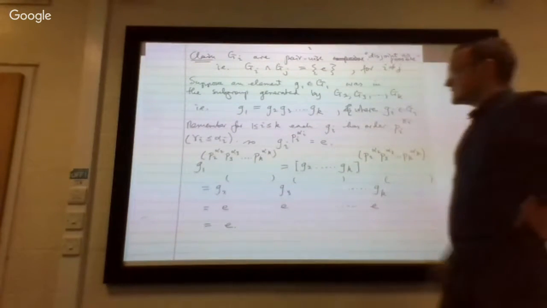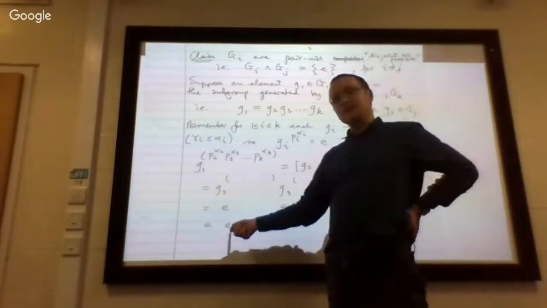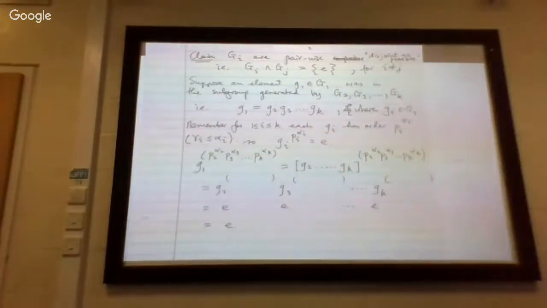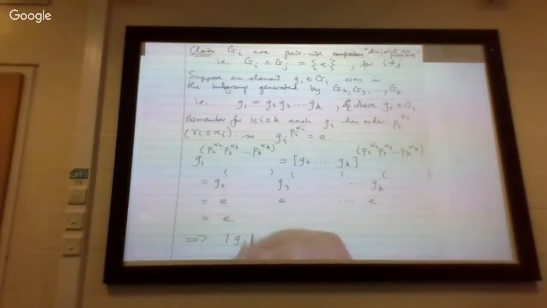But we've now got G1 to this huge exponent gives you the identity. So that implies the order of G1 divides our large exponent. I will write it out now.